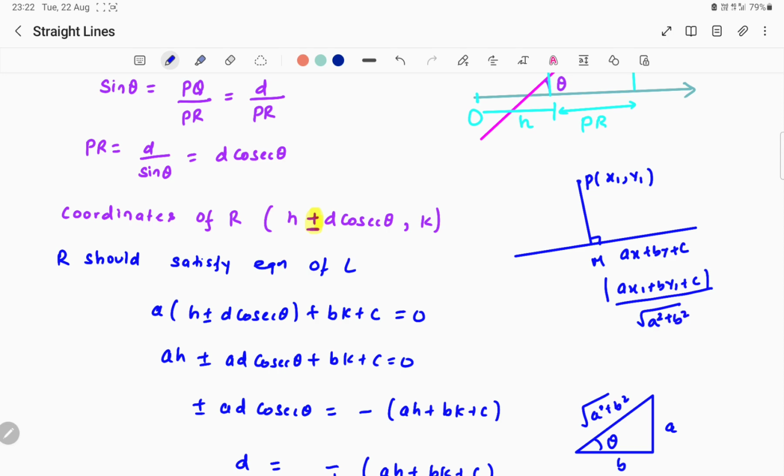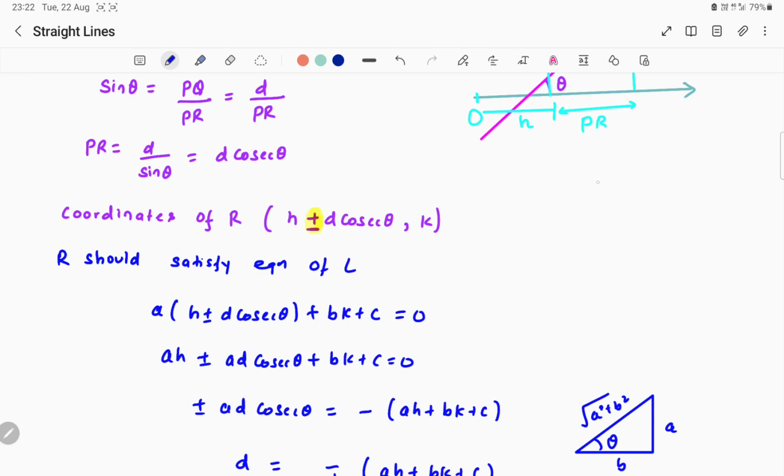Means what we did: in place of x we substituted x1, in place of y we substituted y1, and we divided by root under a square plus b square. Whatever this value will come, that is going to be the required perpendicular distance. Okay, we can verify whether this formula is correct or wrong.